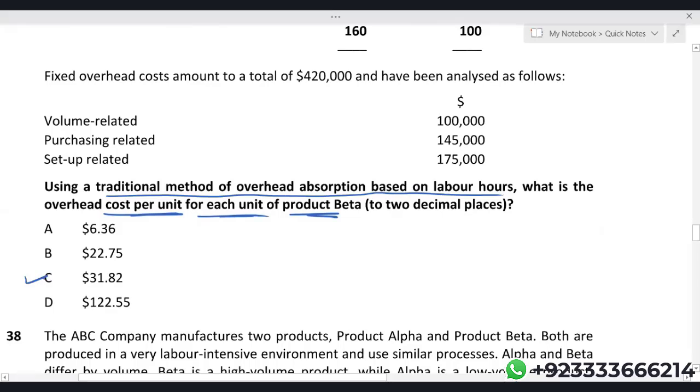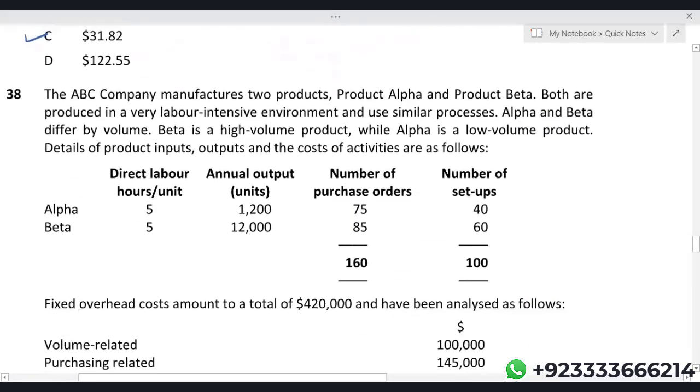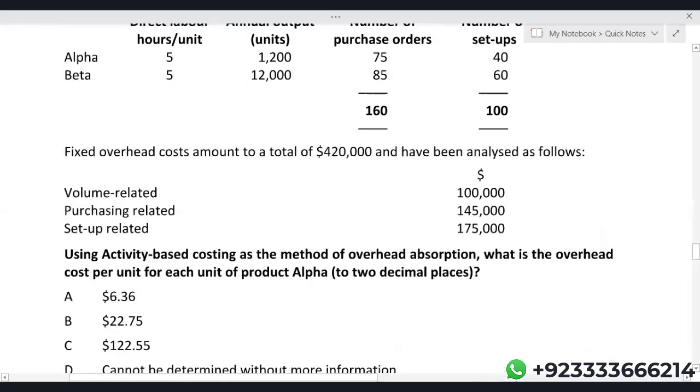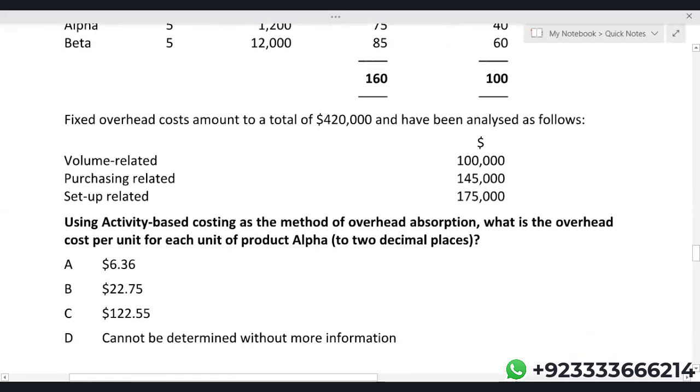That's great. Now let's go ahead. Now what they are saying: using activity-based costing as the method of overhead absorption, what is the overhead cost per unit for each unit of product alpha? Now what they are asking, using ABC costing as the method of overhead.